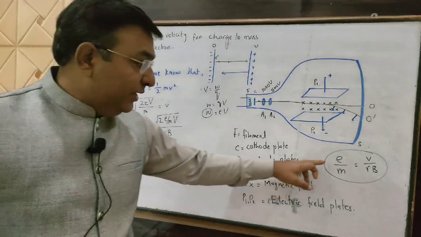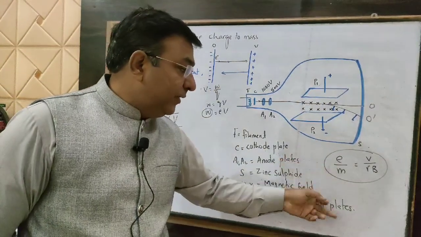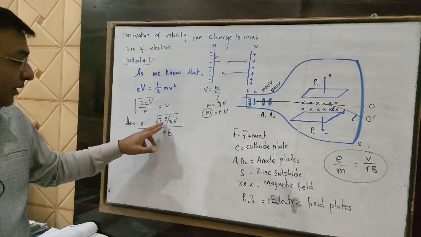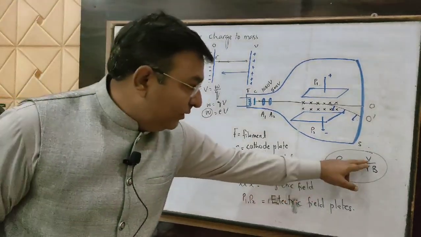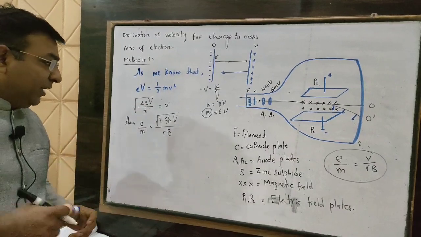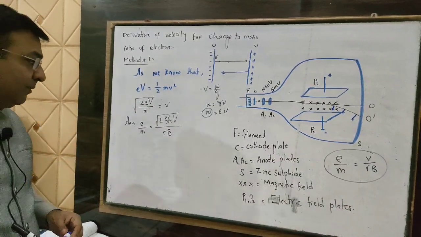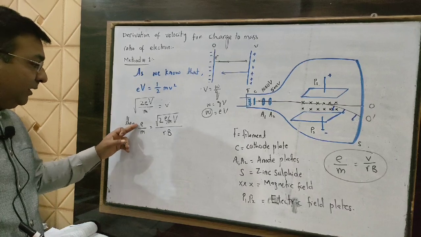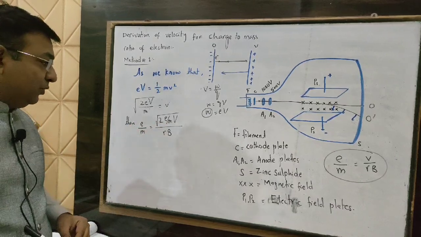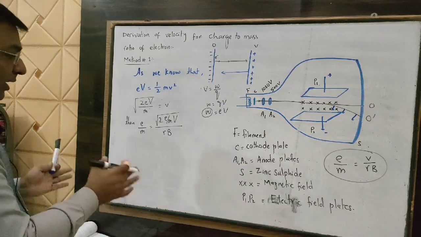The charge to mass ratio relation is identical to what we took before, and Rb remains the same, but instead of v we have written the square root of 2eV/m. But in this equation a problem occurs: e/m is lying on both sides. So we are taking the square on both sides.